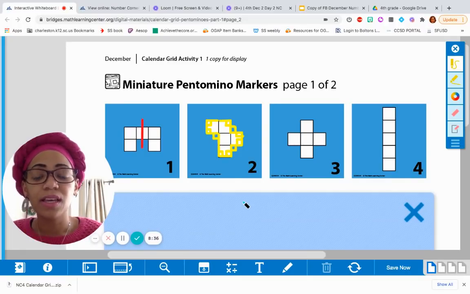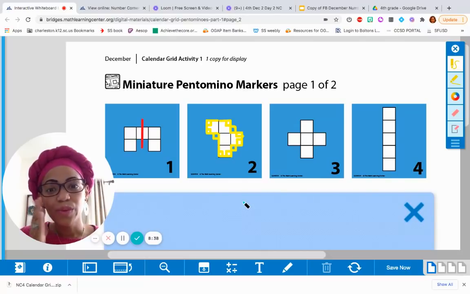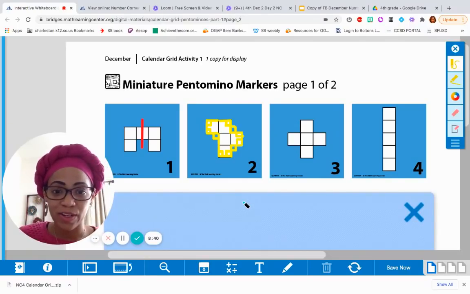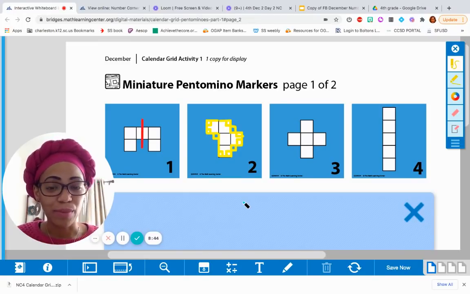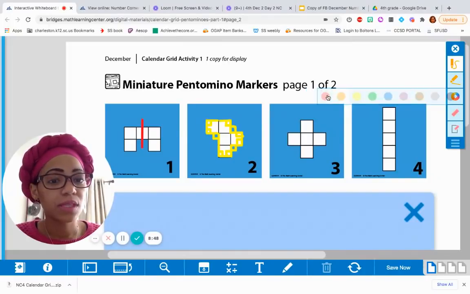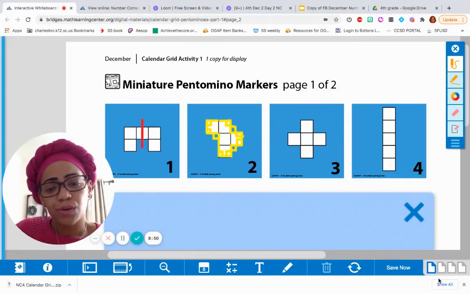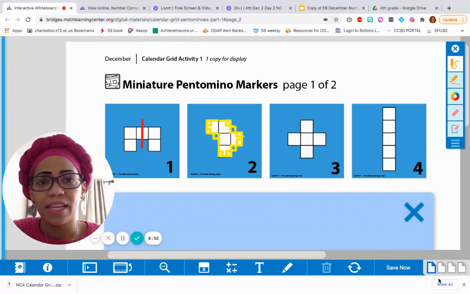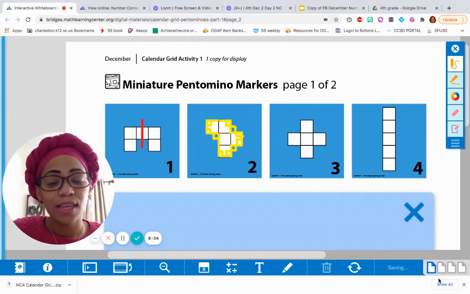So hopefully I got all of them. We have a lot of perpendicular sides in this particular marker. All right, let's look at the next one. Vertical parallel sides. How many vertical parallel sides do you think we have?